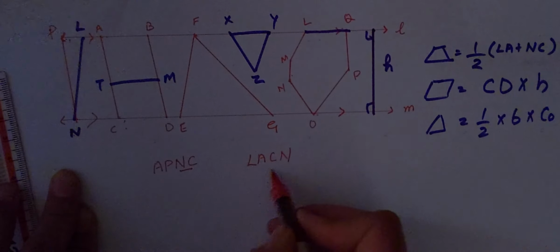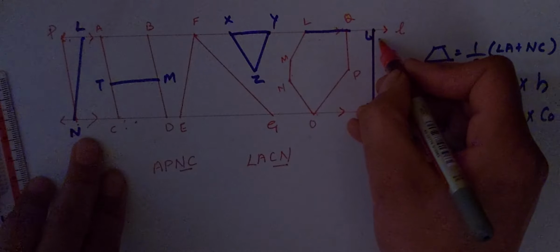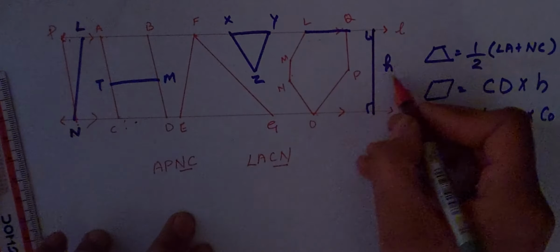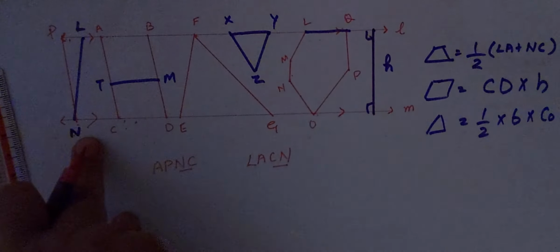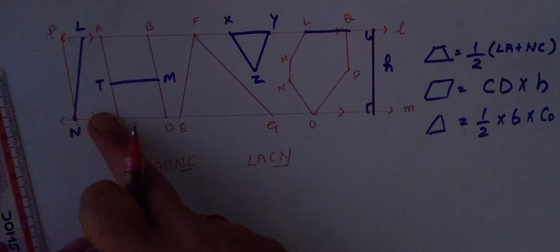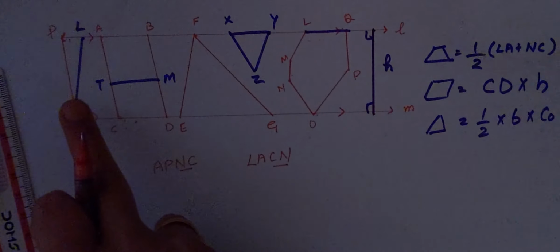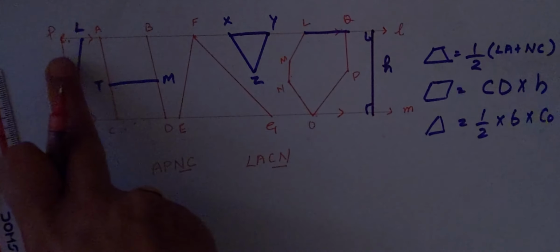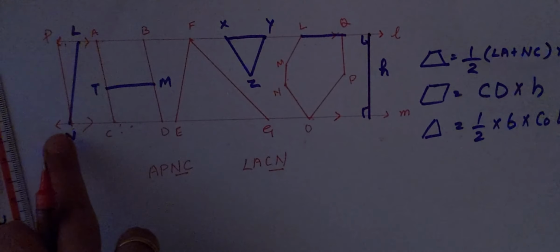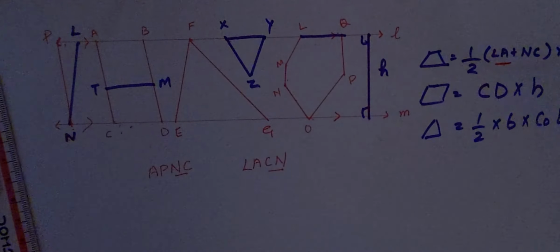You can see NC is in both. So their base is the same and their height H is also the same, but their area is not the same, because base and height decide the area only in the case of a parallelogram, not in the case of a trapezium. Area of a trapezium is not decided by NC and H. LA is also a factor.